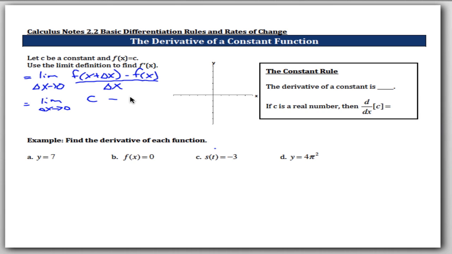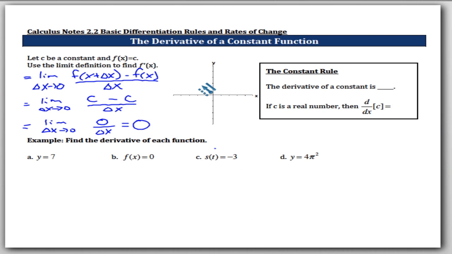And f of x equals c, and then here we have delta x. And before we go any further here, we know c minus c is 0. So the limit as delta x approaches 0 of 0 over delta x. So as delta x gets closer and closer to 0, this number is also going to be getting closer to 0.